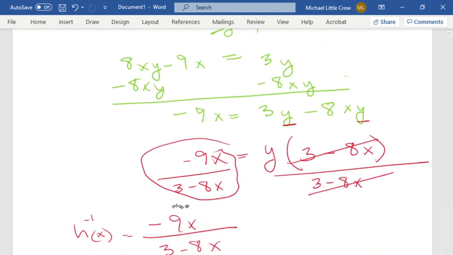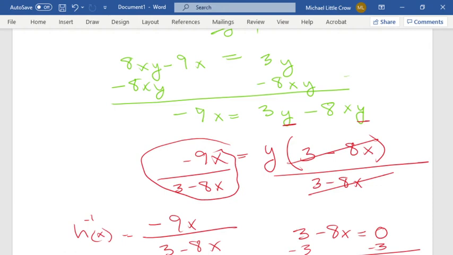The domain will be all the x's such that, because this is a rational function, we cannot have 0 in the denominator. So it'll be all the x's except the ones where 3 minus 8x ends up being equal to 0. So let's solve this. You could subtract 3 from both sides, so we get negative 8x equals negative 3.